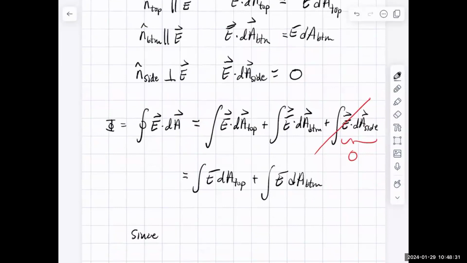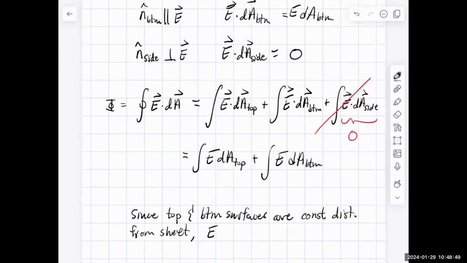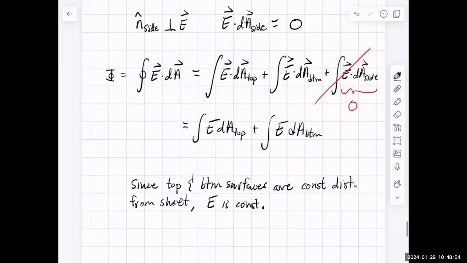Since the top and bottom surfaces are a constant distance from the sheet, E is constant. So then the flux is E times the integral of dA on the top plus E times the integral of dA on the bottom.